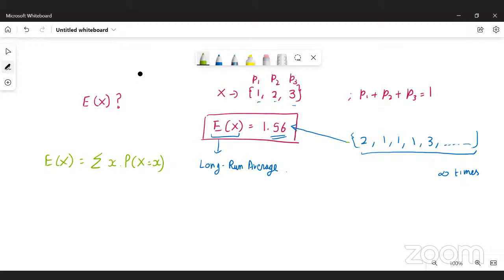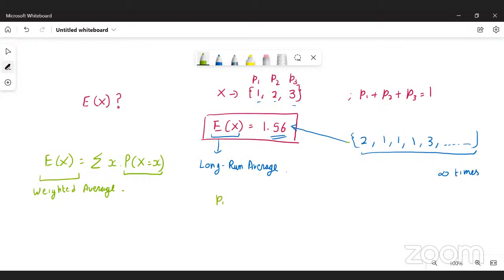So basically it is nothing but, you cannot say another term, it is just a weighted average, where weights are just this probability. Let me expand this for a moment.